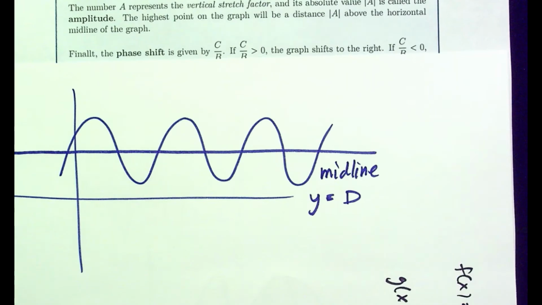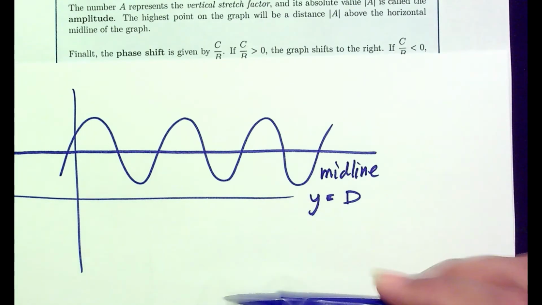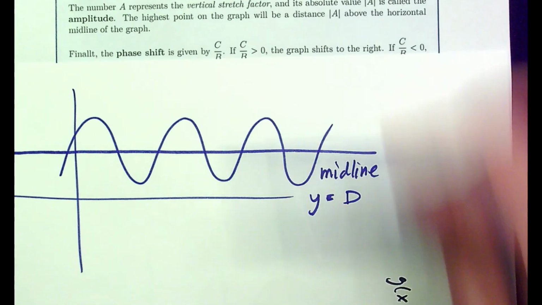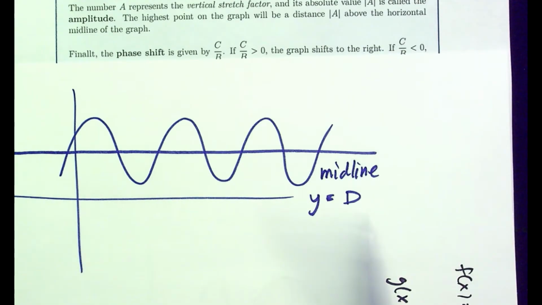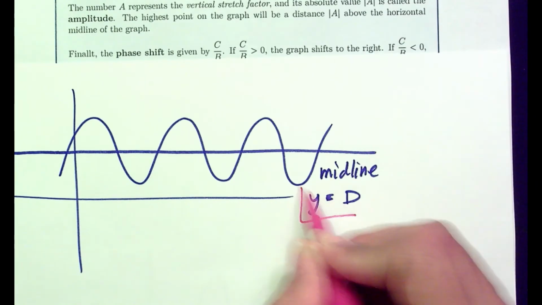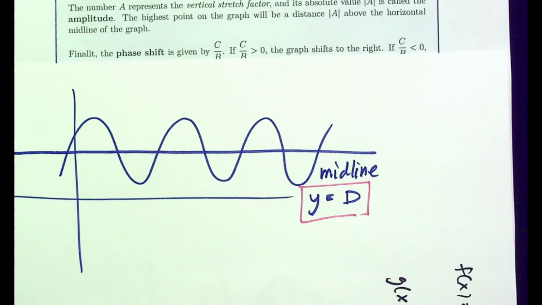So that's what that d also gives you. So the d tells you two things. The d is the vertical shift, how much the original graph is moved up or down, but the equation y equals d also gives me the equation of the line that passes right through the middle. So the d serves two purposes. Okay.